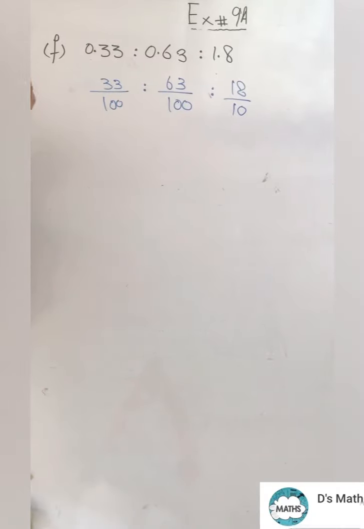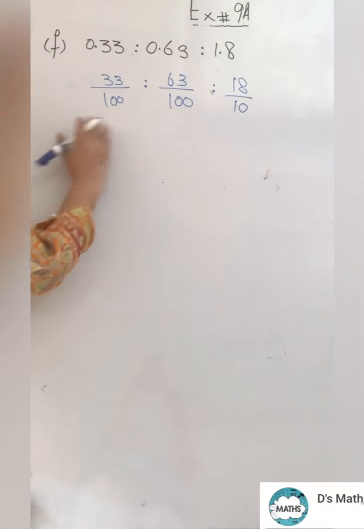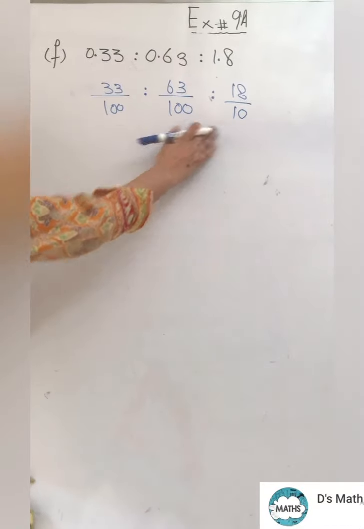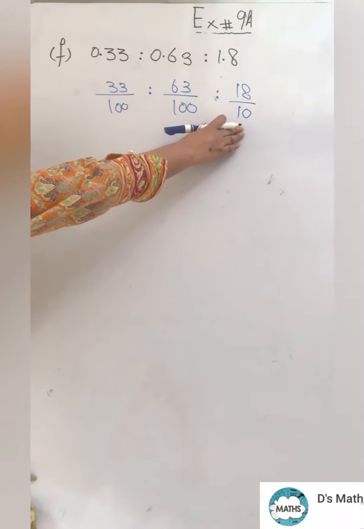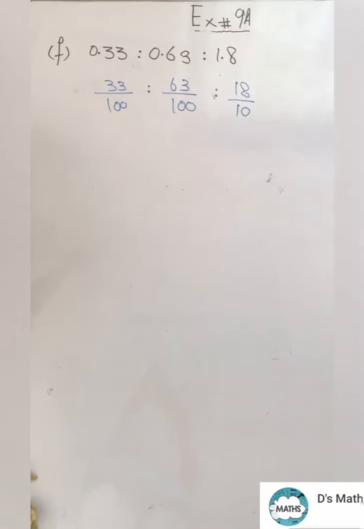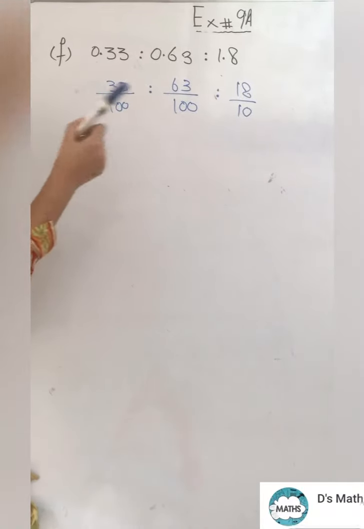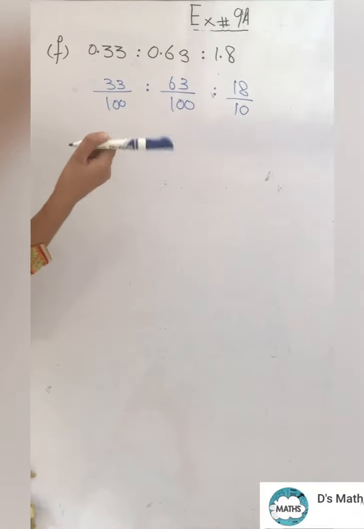Same as the step we followed in the simplification of fractions, we want to remove the denominators. Here we have 100, 100 and 10. You have to choose a number by which all should be multiplied so that we can remove all the denominators in one step. The hint is to take the LCM of 100 and 10, which is 100.